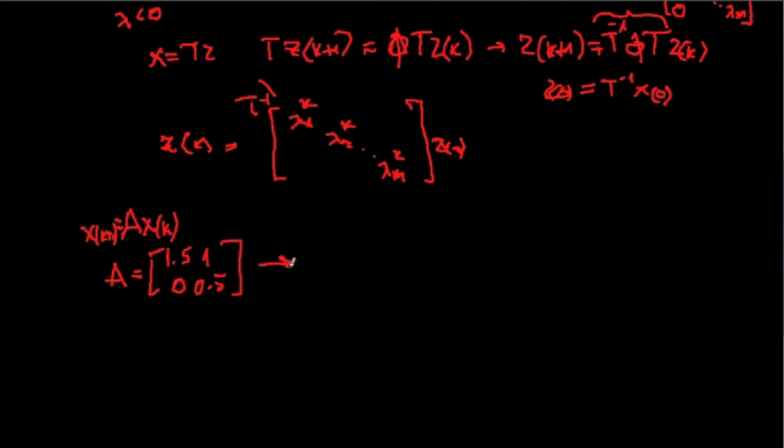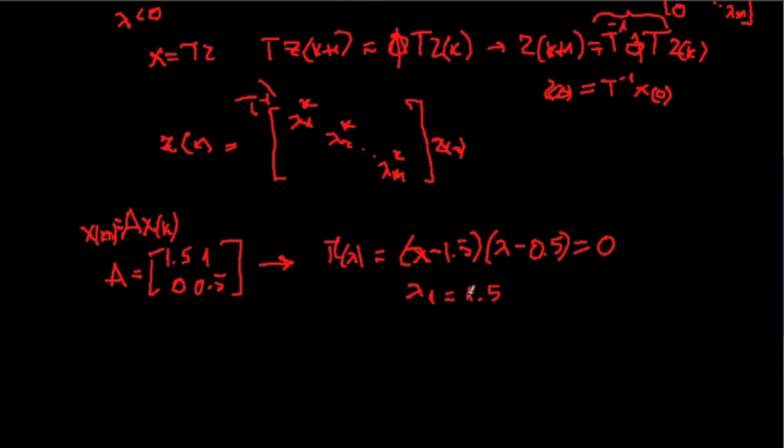And first we want to find the eigenvalues of this matrix, and eigenvalues are obtained from the characteristic polynomial (lambda minus 1.5) multiplied by (lambda minus 0.5), such that the first lambda is 1.5 and the second lambda is 0.5.